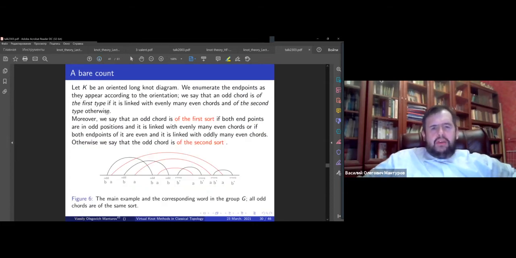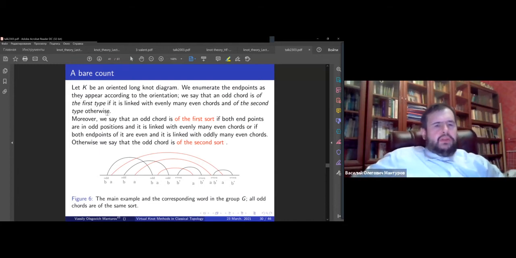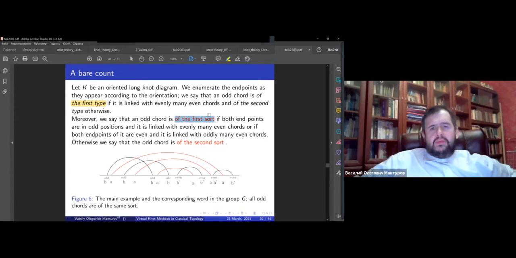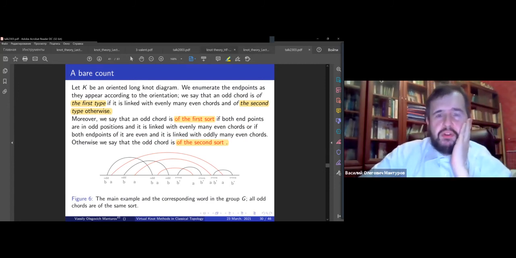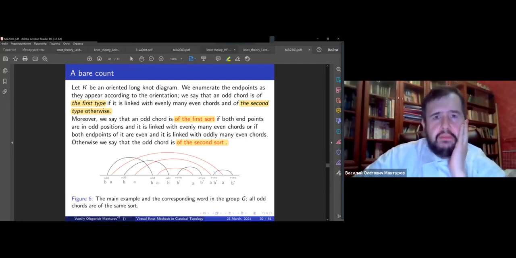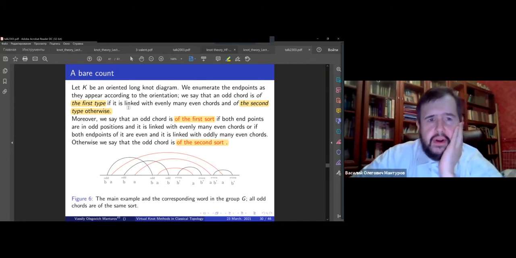Now I want to give my invariant. I want to define it precisely. So what do I do? Actually, here I give types and sorts, but I suggest you better look at what I call sorts. Types and sorts appear because they appeared in different papers differently, and I just don't want to contradict any of the papers, so I want to keep notations as they appeared first.